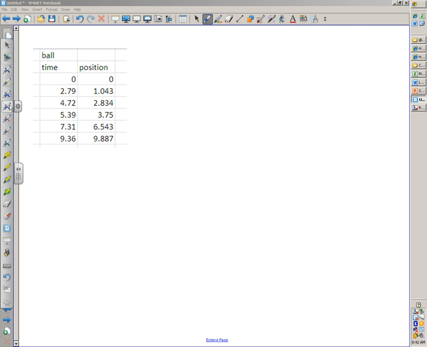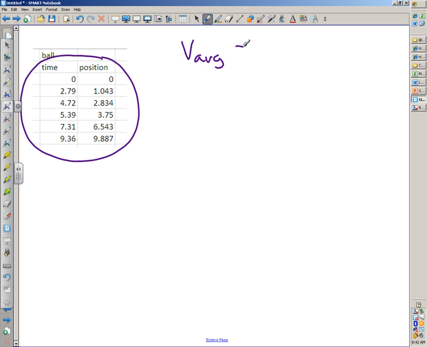I want you to calculate 3 things for me. First, the average velocity for the ball's entire trip. Then, I want you to calculate the average velocity of the ball from the starting line to the first tape mark.